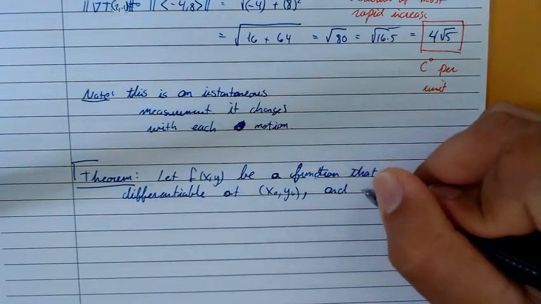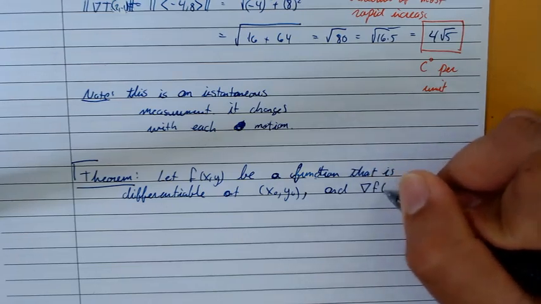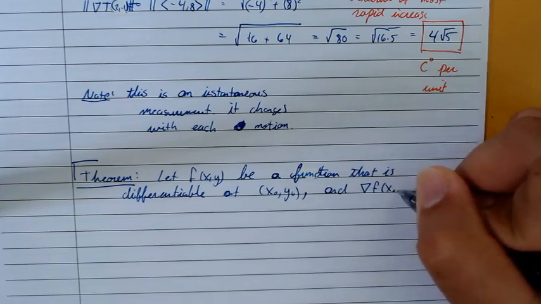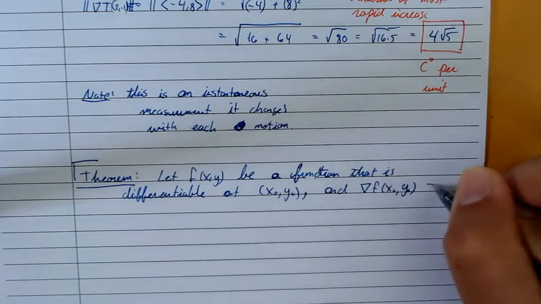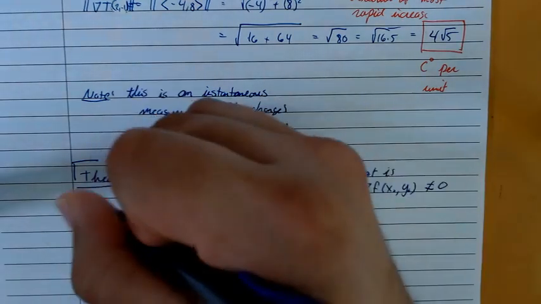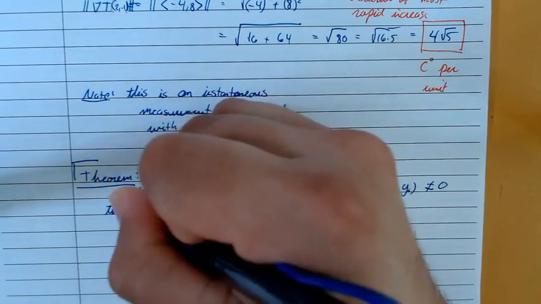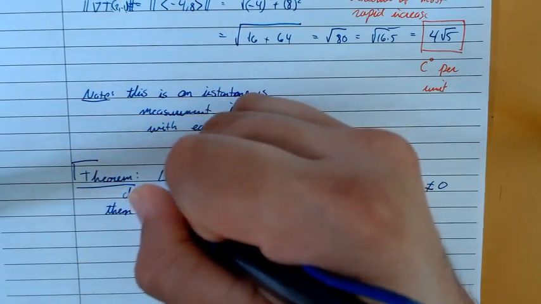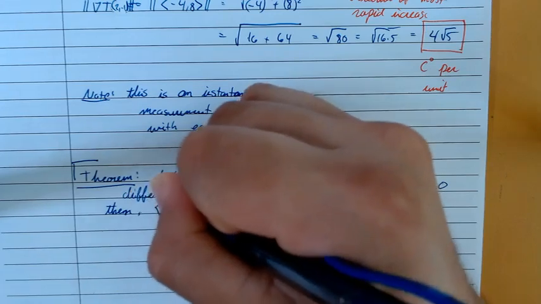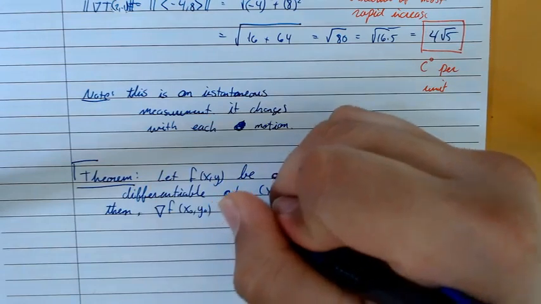And let's have that the gradient of f at that point is anything other than 0. Then the gradient of f at x naught comma y naught is normal.